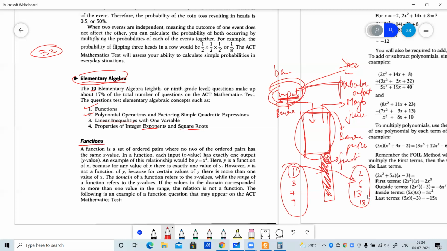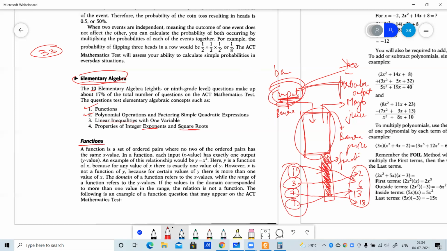When I put 3 in this machine, I'm getting 2. When I put 7, I'm getting 18. When I put 9, I'm getting 13. I can say that this is a function, this machine is correct. It's not having any problem, because for each input you're getting one output. You're not getting two outputs. Are you following?